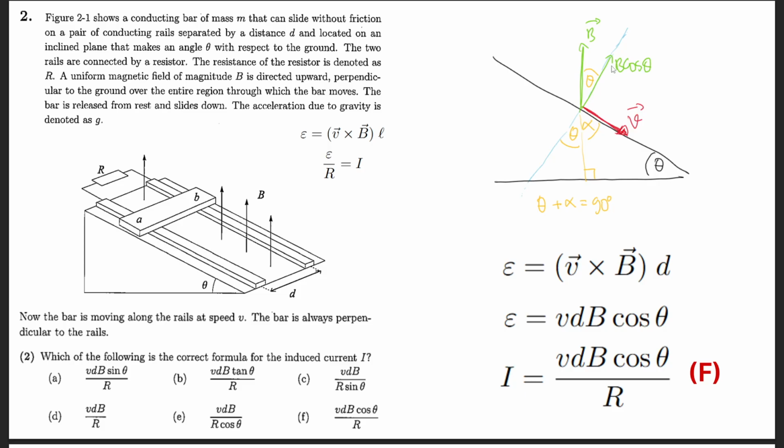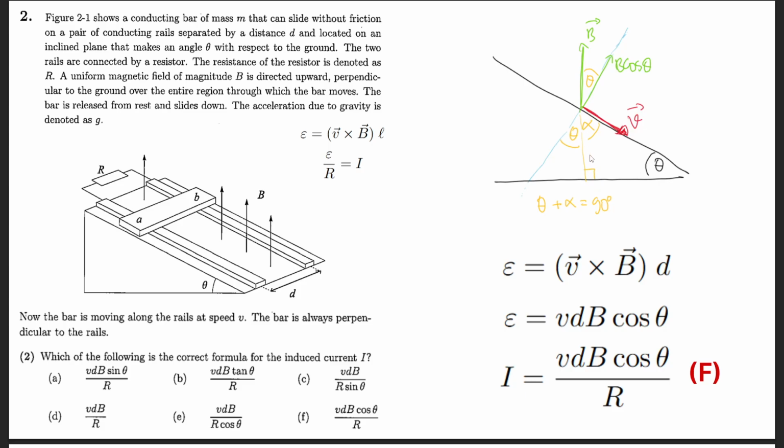To find the B component here, we have to know this angle. So assume that we don't know this angle, so let's say that this angle is alpha. So the sum of the angles of the triangle is 180 degrees, and we know that this angle is 90 degrees.